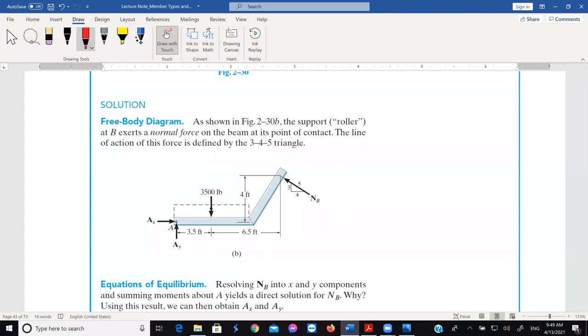For example, if we want to draw an idealized structure with a line diagram, then we will have AY here and AX here. We will have a reaction perpendicular to the member axis. If that's the member axis, then this reaction will be perpendicular to that. So that's say RB.